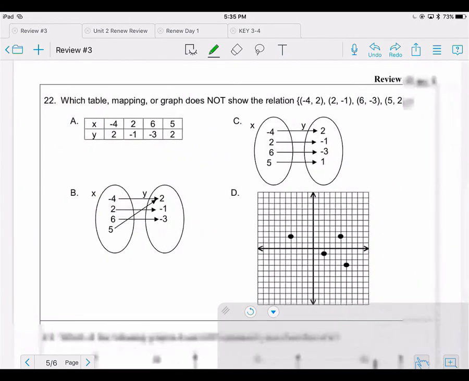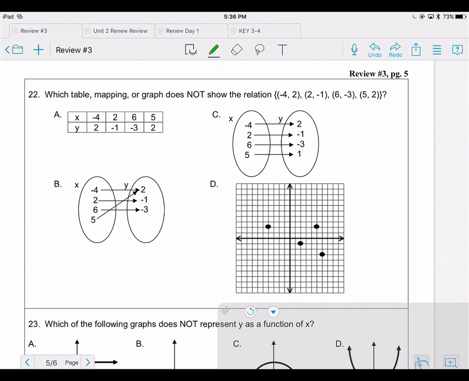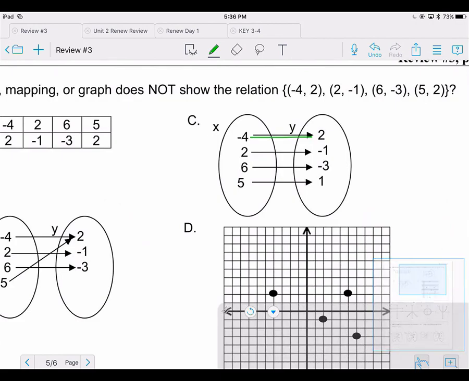22 asks which table or mapping or graph does not show this relation. So looking at A, negative 4 goes to 2, 2 goes to 1, 6 goes to negative 3, 5 goes to 2. That one's correct. My guess is it's going to be B or C because I have two mappings here and they're probably not correct. On C, negative 4 goes to 2, 2 goes to negative 1, 6 goes to negative 3, 5 goes to, whoops, that's supposed to be a 2.